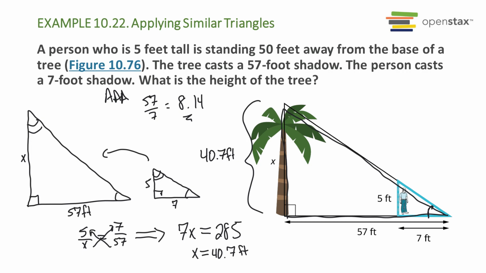It's 8.14 times larger, so it has to be 8.14 times larger than the person, sorry, it looks like a man, standing there. The height of the tree would then have to be 5 times 8.14, which ends up getting you 40.7 feet once again.